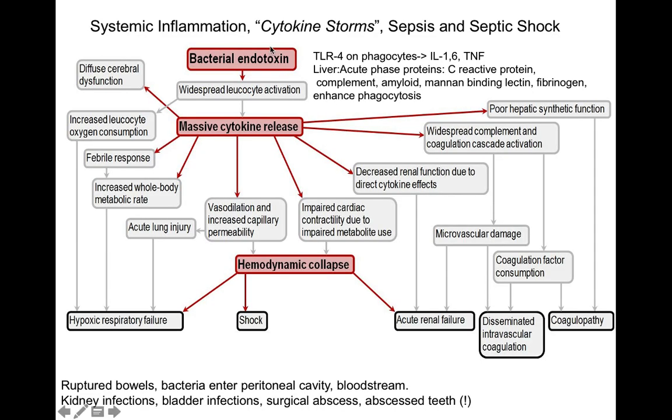Folks, to go back to our medical micro unit, do you remember when we were talking about bacterial toxins, the protein bacterial exotoxins, and then the gram-negative bacterial endotoxins? The endotoxin is part of the cell wall of the gram-negative bacteria.